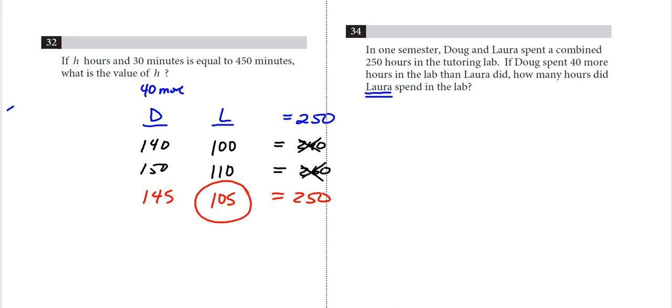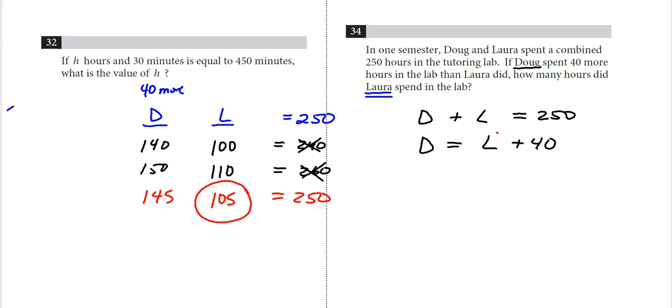Now that's a slow guess and check way, but hey, sometimes you're in a pinch and that's all you got. If you could use some algebra, you could set it up like this. You could say, Doug plus Laura is 250 hours, and Doug is 40 more than Laura. That forces the Doug number to be 40 more than whatever Laura is. Now this is a system of equations, I can just use substitution.